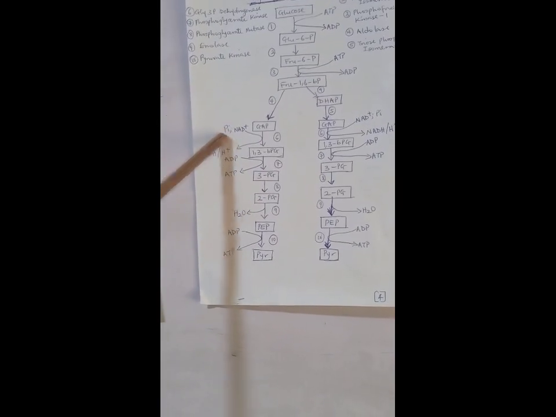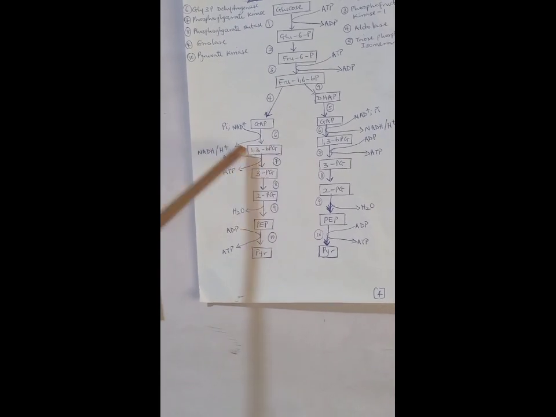That leads to the conversion of glyceraldehyde 3-phosphate to 1,3-bisphosphoglycerate, while the inorganic phosphate is attached to carbon 1 of this triose sugar, making it 1,3-bisphosphate.